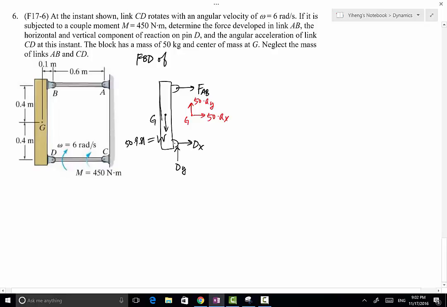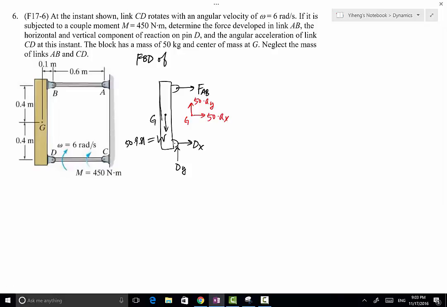So at this point, we realize that we can only write three equations of motion for block BD. However, we have five unknowns. We have FAB, AY, AX, DX, and DY. So we don't have enough equations. Therefore, we need two more equations.